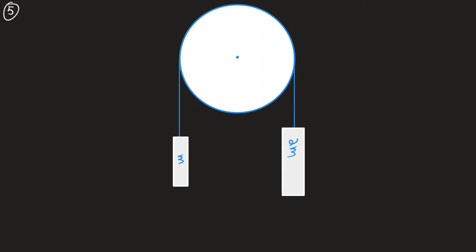So you were asked to draw a free body diagram that represented the forces acting on the masses and the pulley.